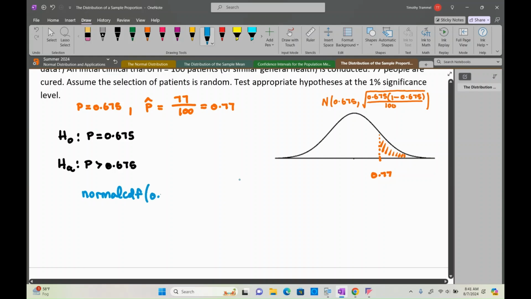Our lower bound is that 0.77. Our upper bound is E99. The mean we've already written is 0.675. And the standard deviation for our sampling distribution is going to take up a little space here.